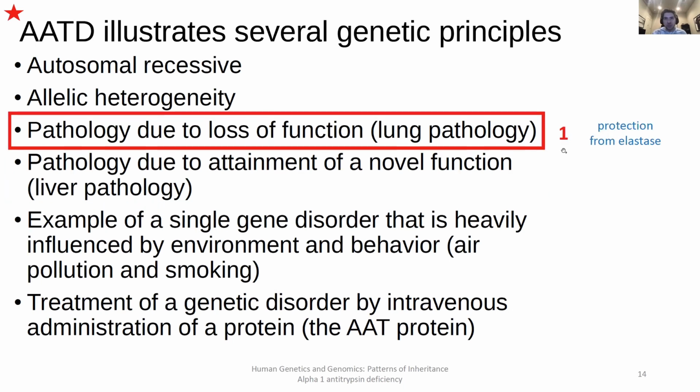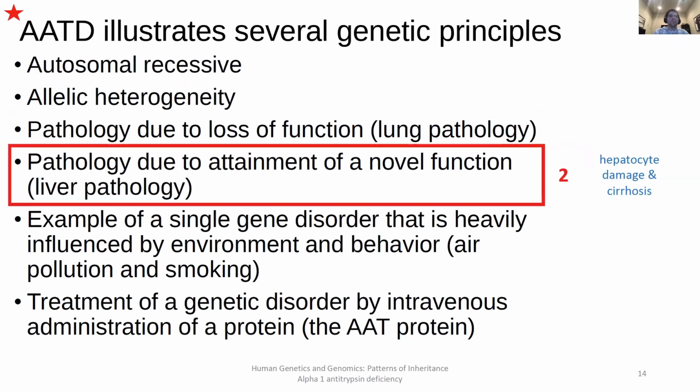He could ask you, and when he asked us it was tricky, what the liver pathology was, and it was the development of a novel function. You wouldn't think hepatocyte damage is, but that's just what the rules are.